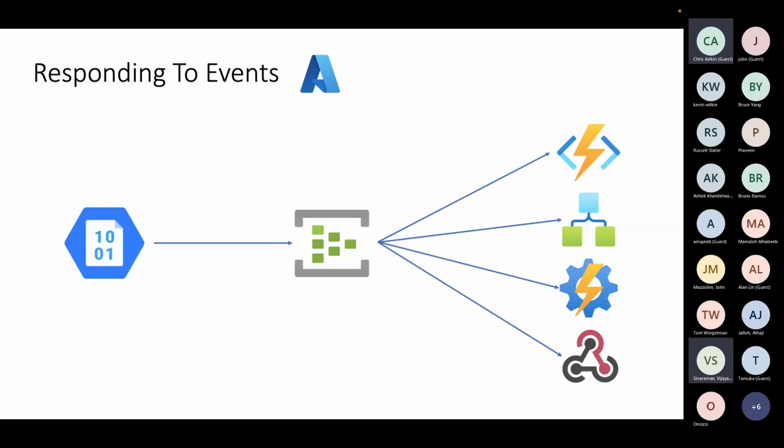Responding to events is one of the really popular things to do with object storage and data pipelines. A data pipeline is one or more processors which move data from one place to another and transfer the data. You might be thinking, this sounds like ETL.